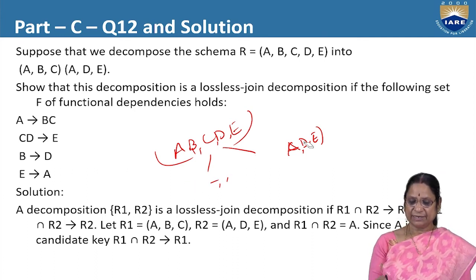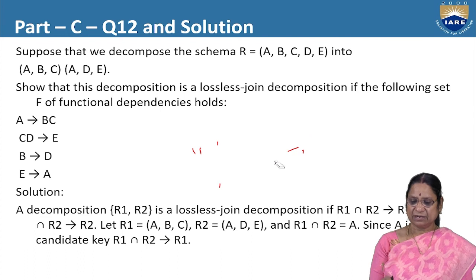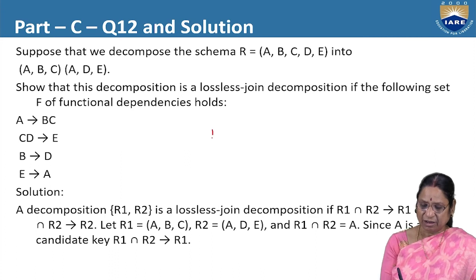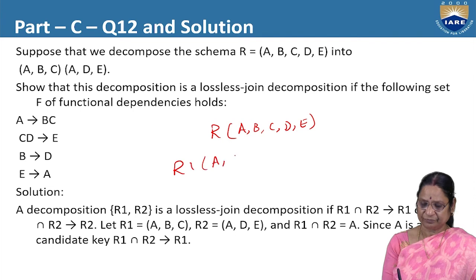So the entire relation R is decomposed into R1 of ABC and R2 of ADE.